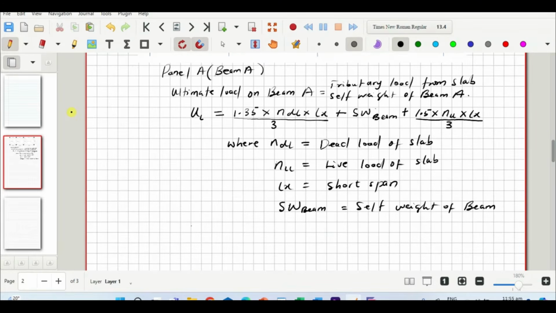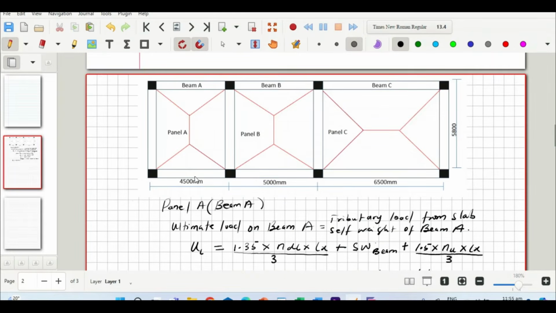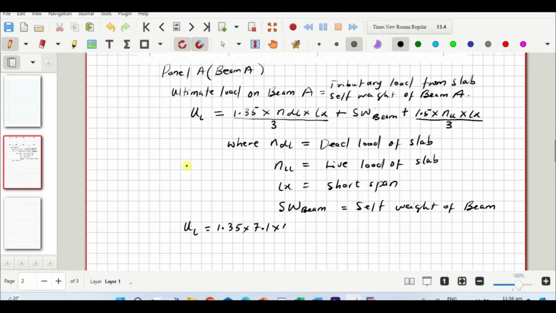Now slotting the values in the equation, we'll have our ultimate load being equal to 1.35 multiplied by NDL, which is 7.1, that is the dead load of the slab, multiplied by the short span, which is 4,500 for panel A. Converting that to meters, we'll have 4.5, all divided by 3, plus the self-weight of the beam, and that is the cross-sectional area of the beam multiplied by the density of concrete.